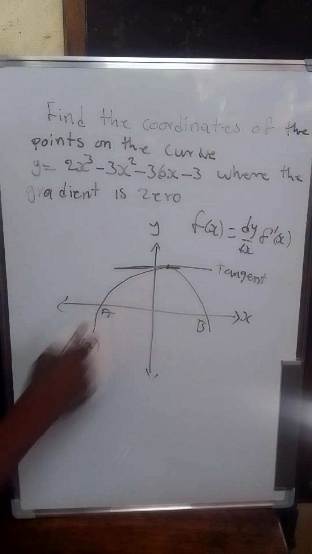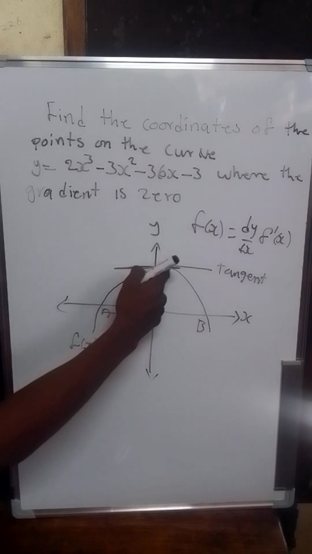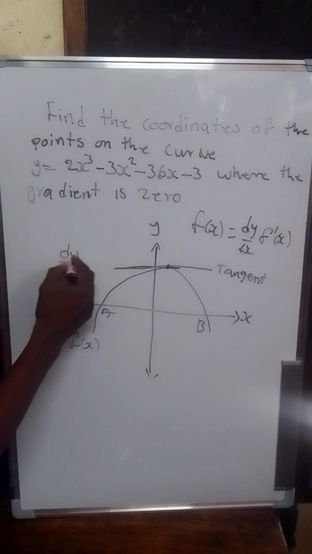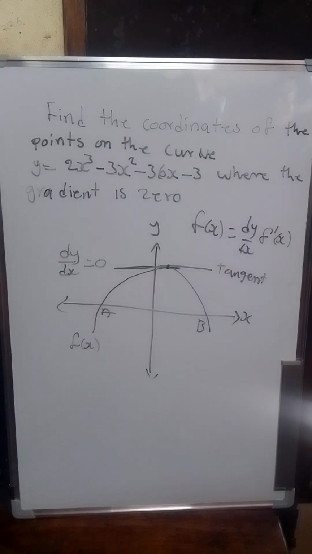So the gradient is 0. That is what Rolle's theorem states. So at this point, we know that dy/dx is equal to 0.